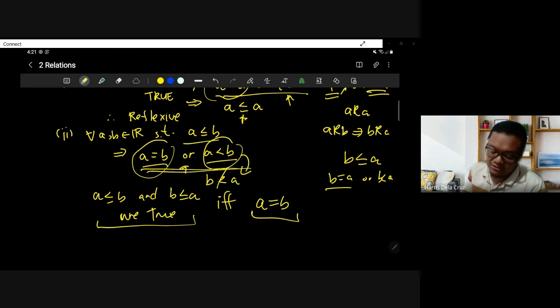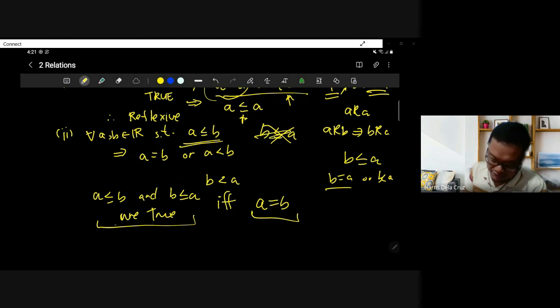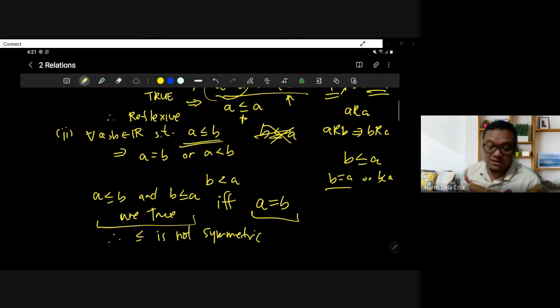Hindi mangyayari yung scenario na B is less than or equal to A. Cannot happen in this case. Okay. So, if it cannot happen, then therefore, this is not symmetric. Less than or equal is not symmetric. Actually, there's a special name for this property.